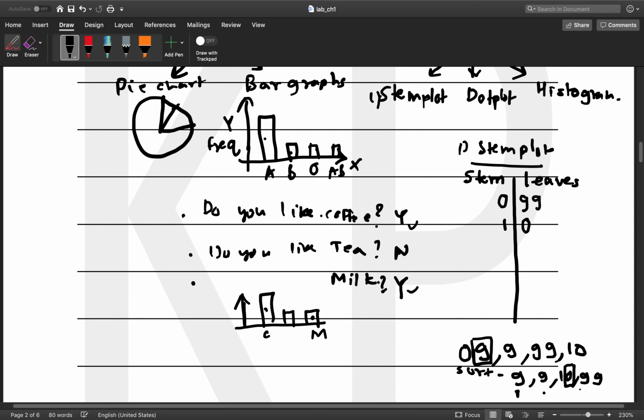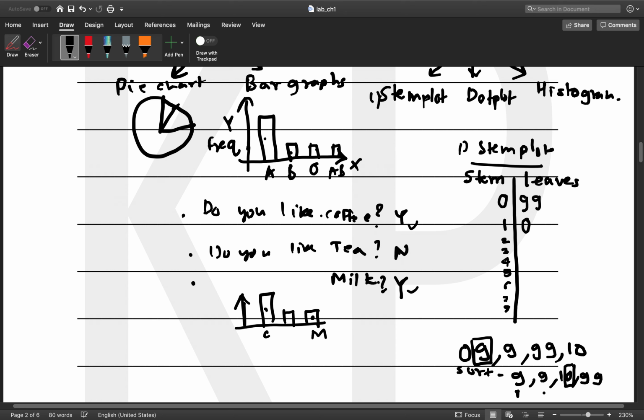On the other hand, if you don't have a 20th stem, so you don't have anything after 10, you directly have the data point as 99. So you don't have data points for the 20s, so you're going to keep it blank by writing the stems 2, 3, 4, 5, 6, 7, 8, and keeping them blank. Remember that if you write 0 here, that means that particular data point is there.